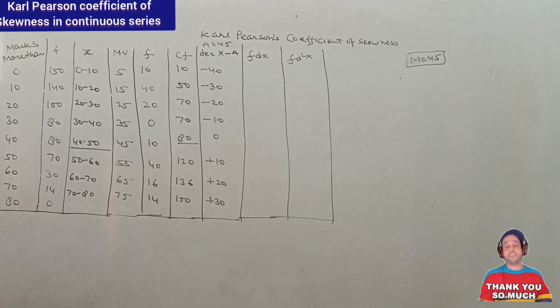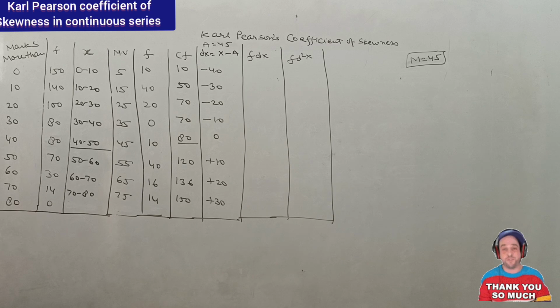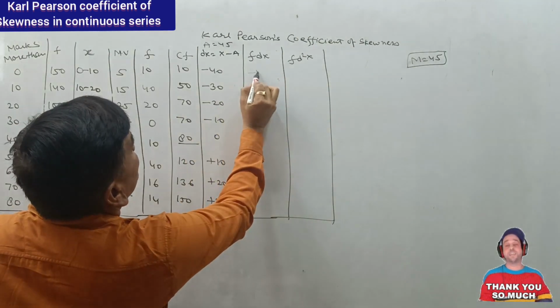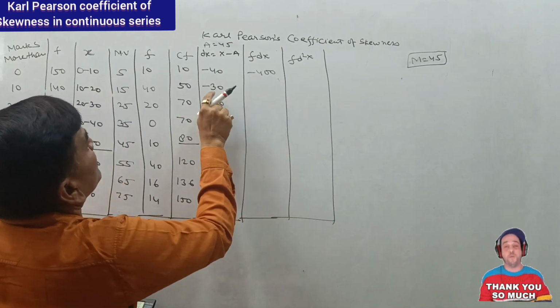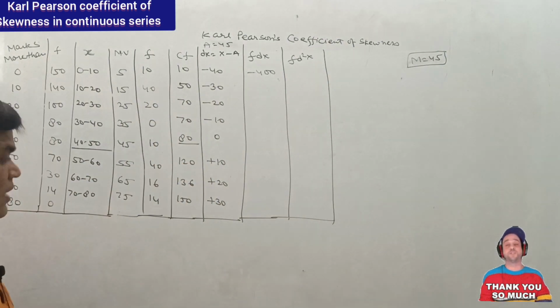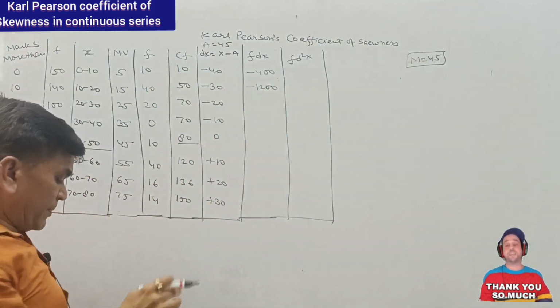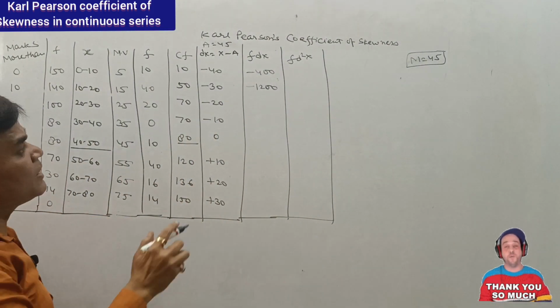So the very first, 10 multiply 40, 400, minus value. 30 multiply 40, minus 1200. 20 multiply 20, 400, minus value.